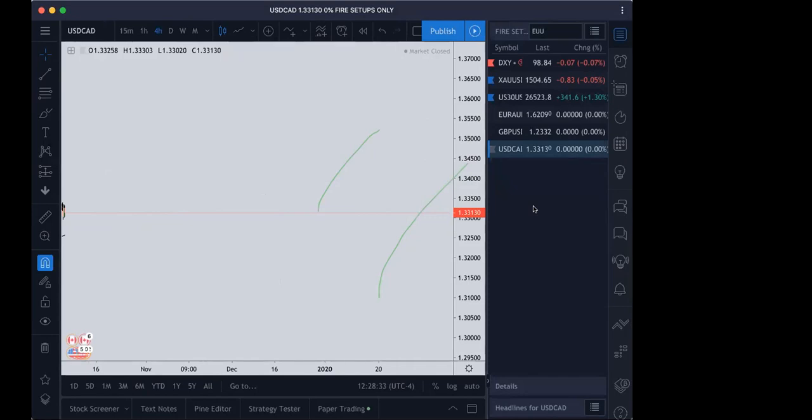Okay, so let's go back to the bullish market. Here is the first one. This is natural. All right. Second one.